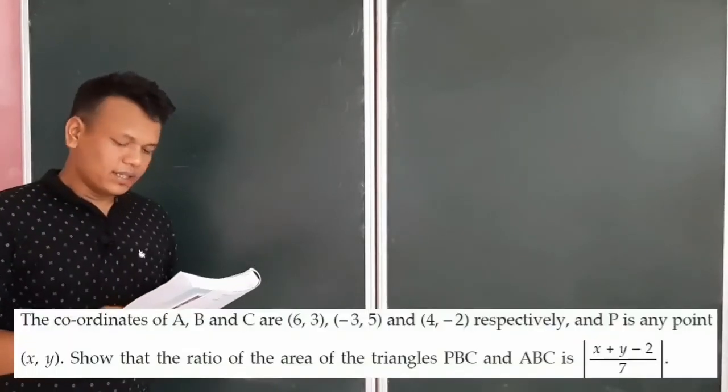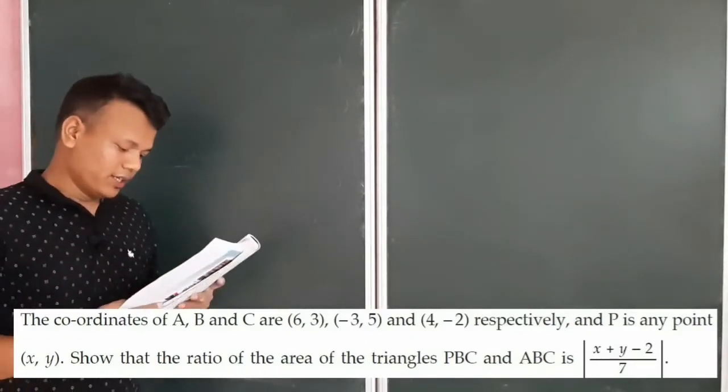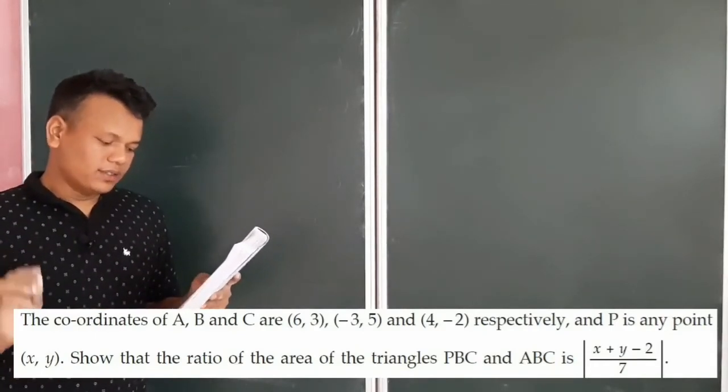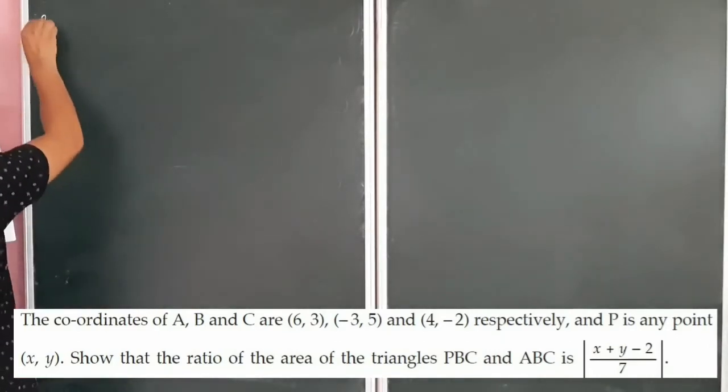Now let me take the last question from this particular exercise, that is question number 20. The question says the coordinates of A, B and C are given. So let me quickly write what is given to us.